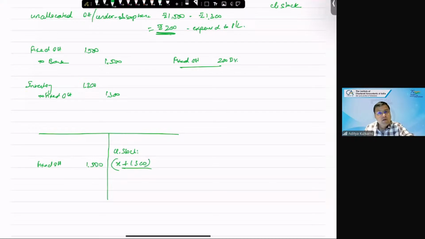So in P&L, it is only 200 which is getting hit. Yes or no? Are we able to follow? X is the inventory cost, purchase price, etc., all of that put together. 1,300 is overhead absorbed. Are we able to understand? Yes, sir.